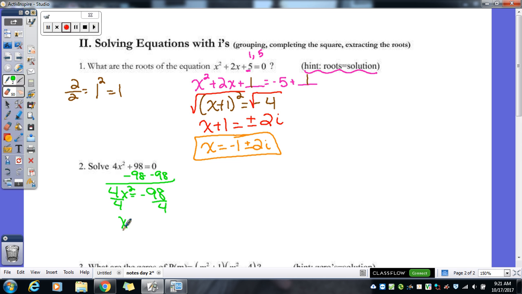What do we get? Negative 24.5. Let's change that into our fraction form.